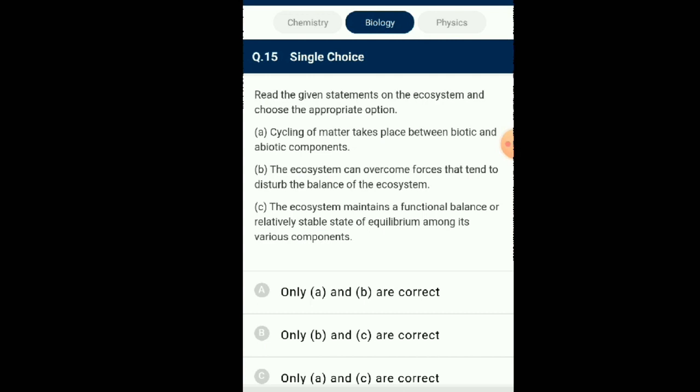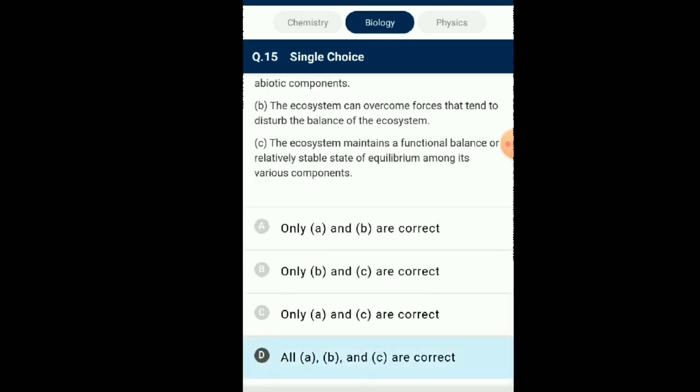Circulation or exchange of nutrient elements between the living and non-living components of an ecosystem is called nutrient cycle or biogeochemical cycle. So the answer for this question is option D. From the given four statements, options A, B, and C are correct.